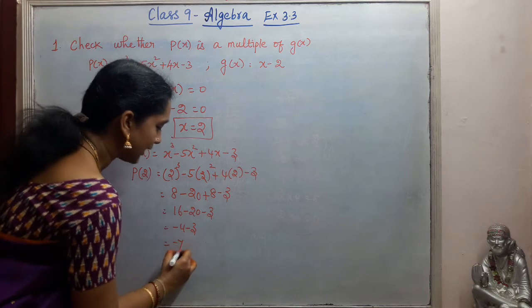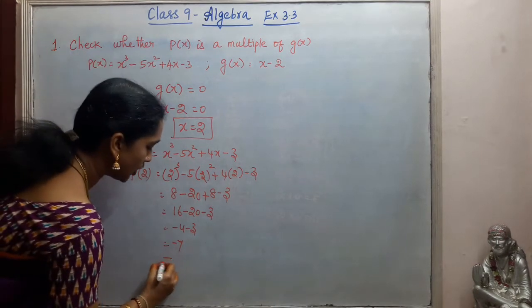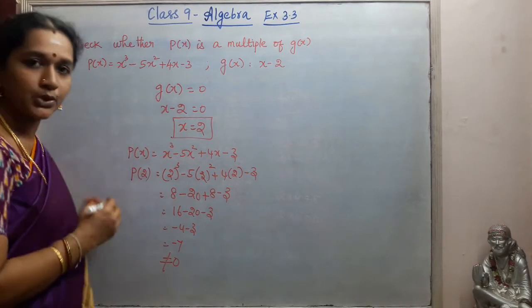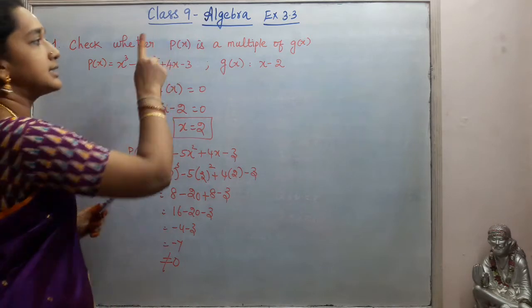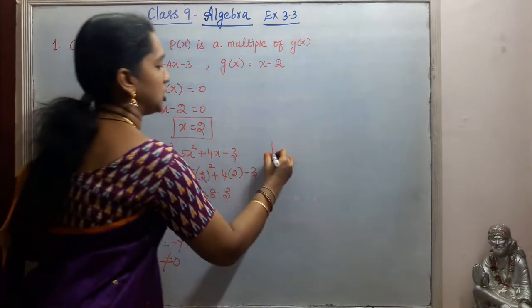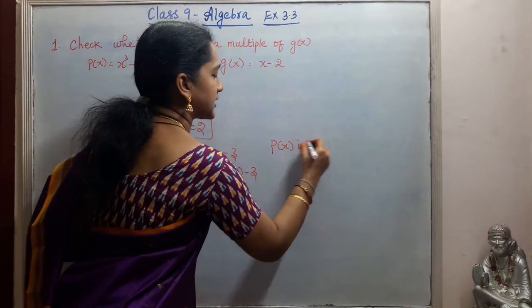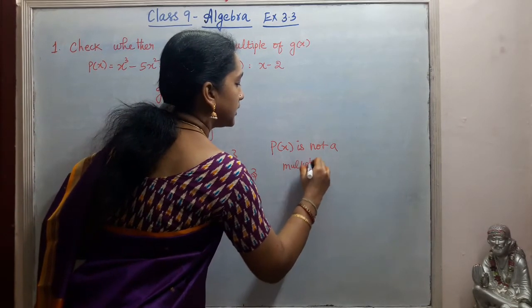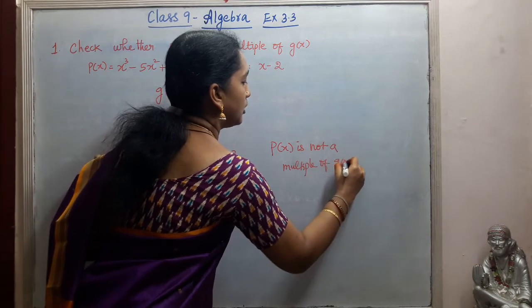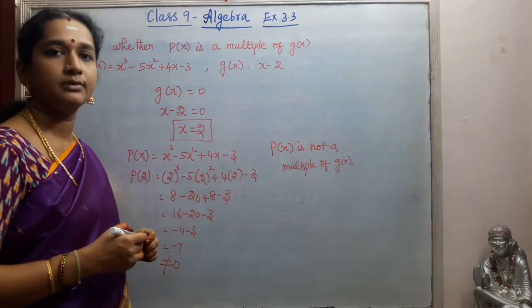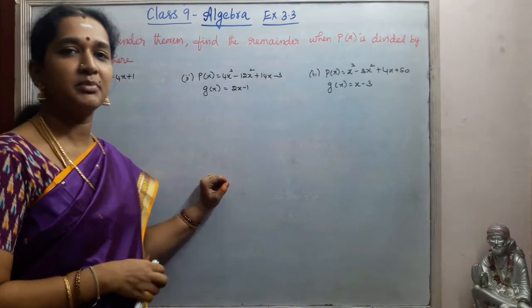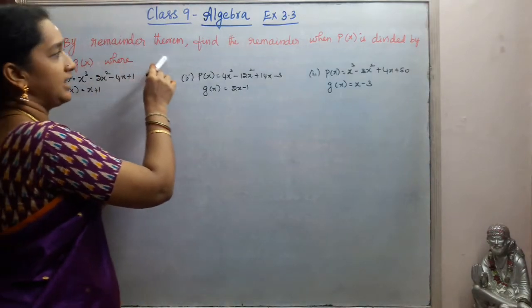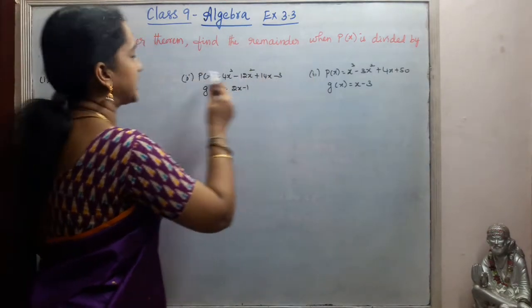So we are getting minus 7. This is not equal to 0. So p of x is not a multiple of g of x.